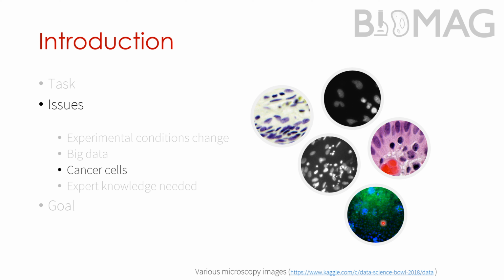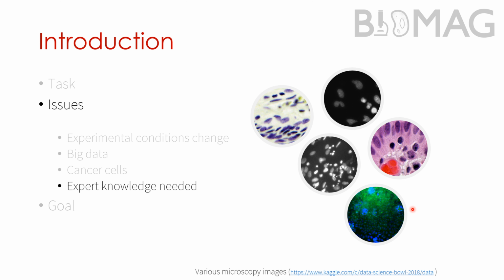If you consider the bottommost example here, you can see from the green accumulation area here that the cells heavily overgrow each other, which causes occlusions and makes it really difficult for an image processing task or solution to tell the individual objects apart from each other.